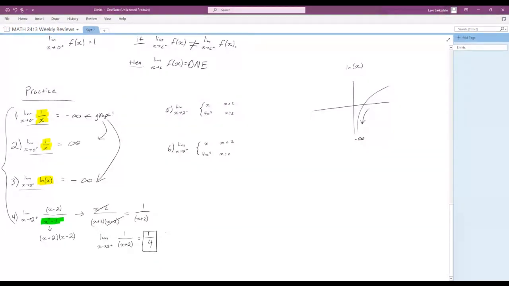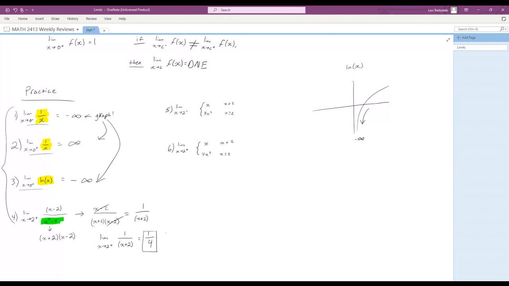Perfect. Now, 5 and 6 are maybe a bit different. It's the same function, just from the left and then from the right. Okay, so if we're looking at it coming from the negative side, we would look at the top one. I haven't looked at these types yet.